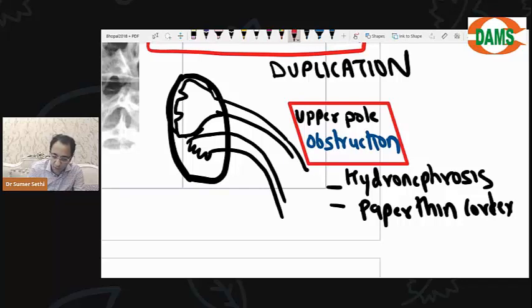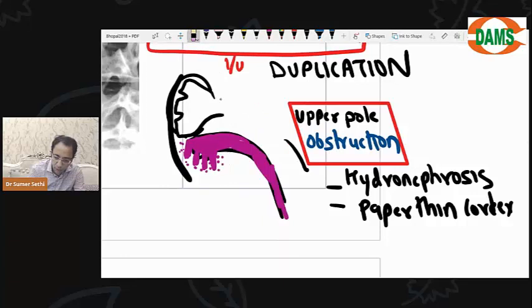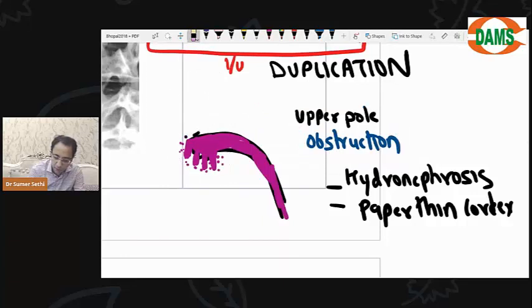Now when we give intravenous dye to the patient, the dye is only taken up by the lower pole parenchyma, then excreted into the lower pole pelvis and calyces, and into the lower pole ureter. This lower pole ureter is pushed down by the upper pole hydronephrosis. You will not be able to see the upper pole because that is a paper thin cortex.